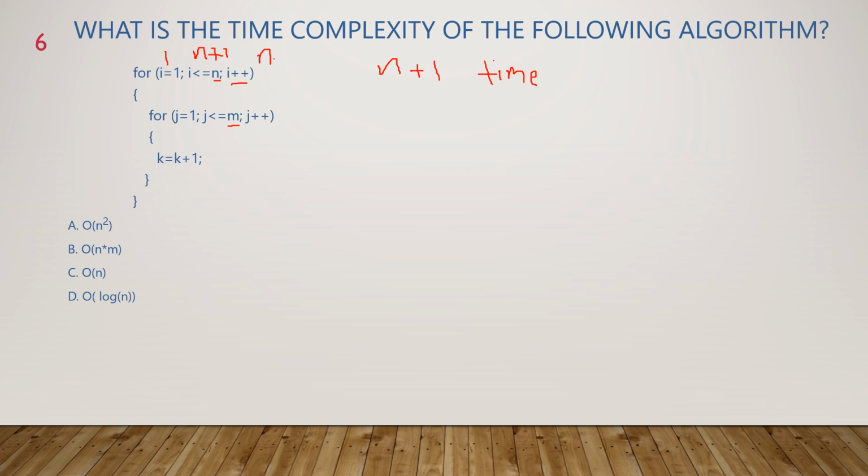The inner loop is also similar. This is 1, this is n plus 1, and for this one n times. And then this is m plus 1 times.